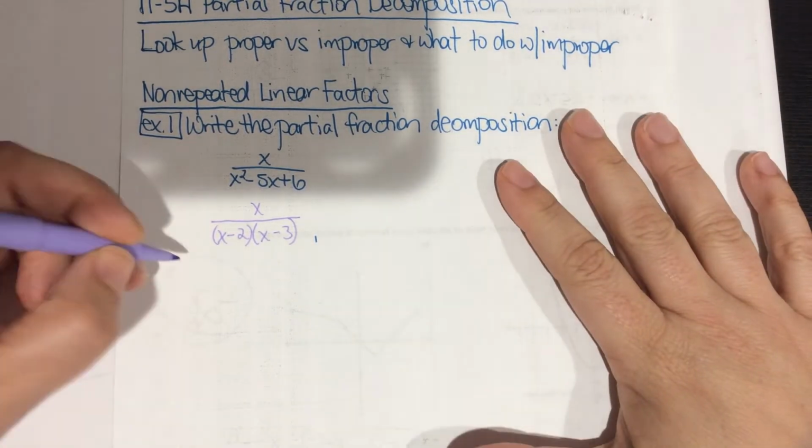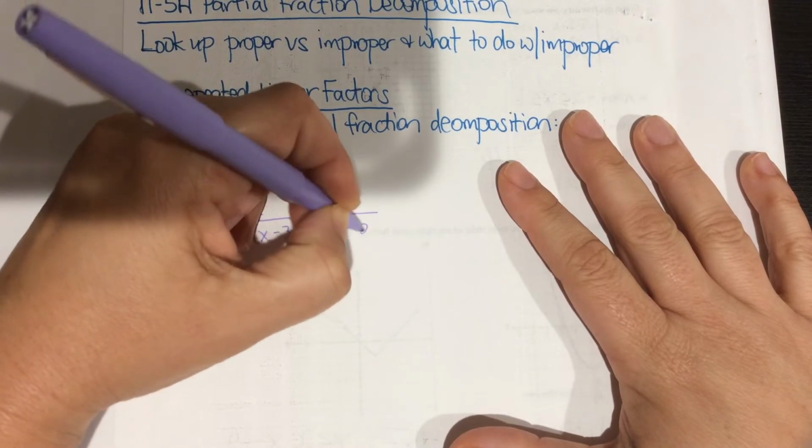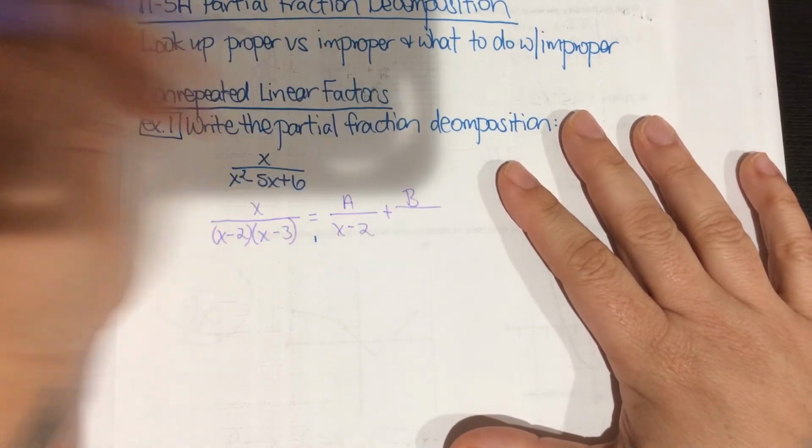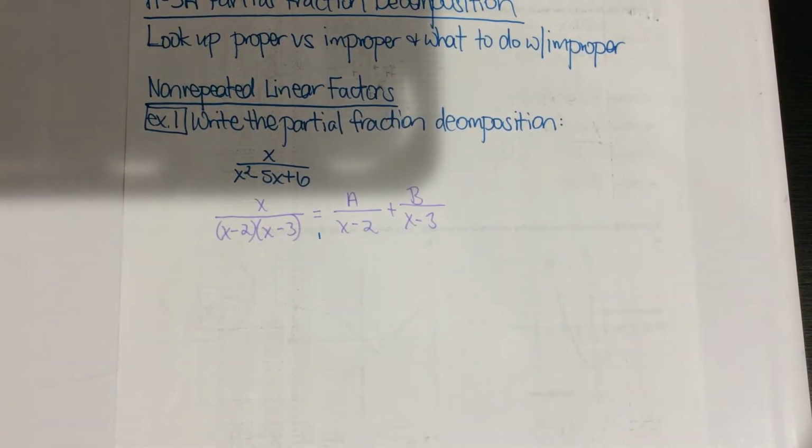So we're going to say that this is going to be equal to A over x minus 2 plus B over x minus 3. We're going to make sure that A and B are different, because they might be the same, but that would be very much a coincidence. And then I literally just need to figure out how to solve this to find A and B.